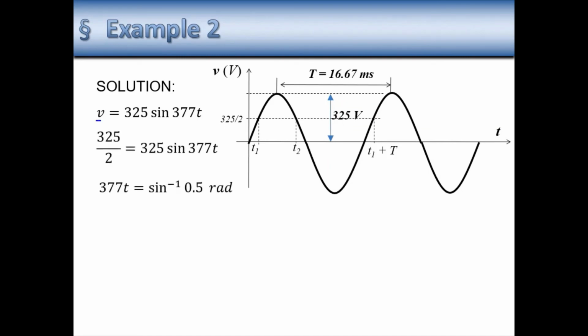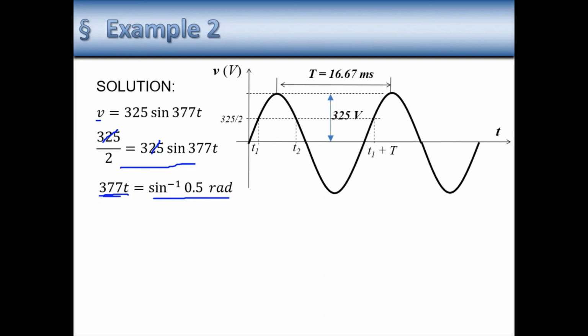Okay, so we simply let v equal half the peak. So we have this one, and that will cancel out the 325 here. And to get t, we solve for this one equals the inverse sine of 0.5.